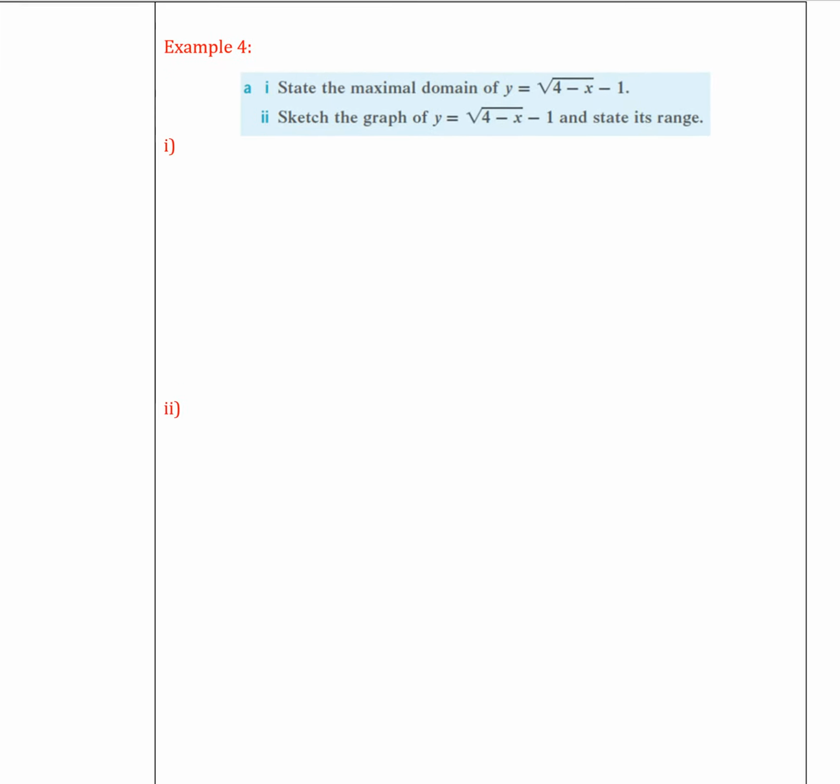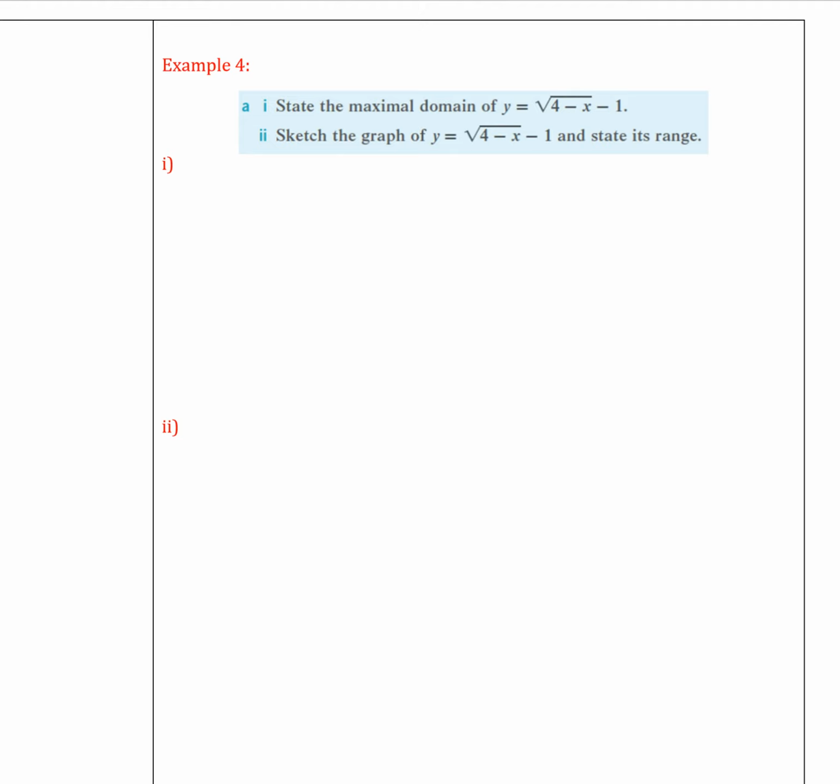So let's have a look. State the maximal domain of y equals the square root of 4 minus x, minus 1. Well, remember that if y equals the square root of 4 minus x, minus 1, the issue is that this inside bit, this 4 minus x, has to be greater than or equal to 0. So 4 minus x is greater than or equal to 0.